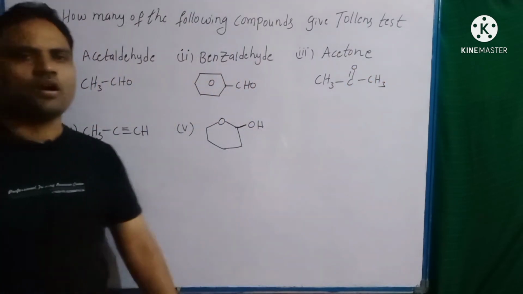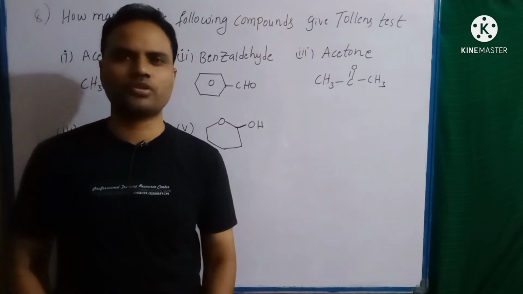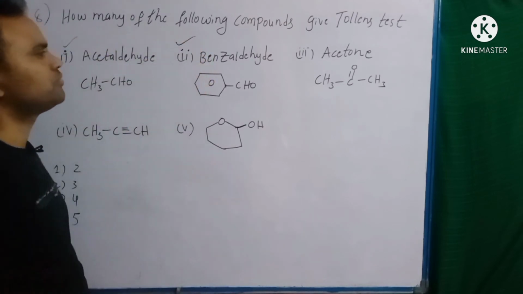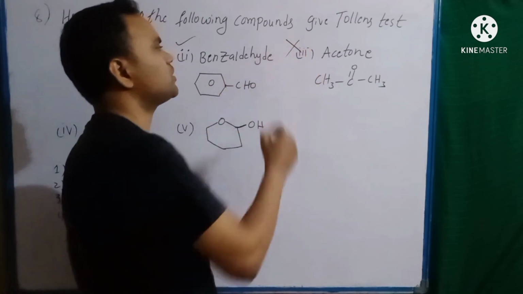Now we know all types of aldehydes including benzaldehyde give positive test with Tollens reagent. So give tick mark. And ketones do not give Tollens test, give cross mark.